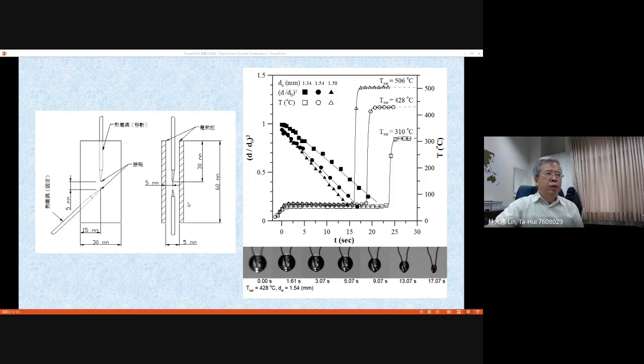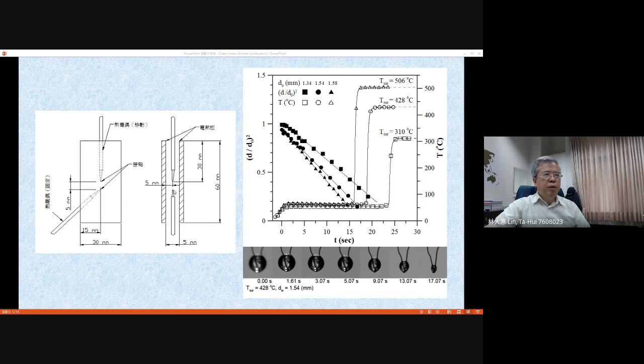Because we need to initially heat the gaseous environment in the region between these two plates to a certain fixed temperature, and we use a fixed thermocouple to measure the temperature of the environment between these two plates.